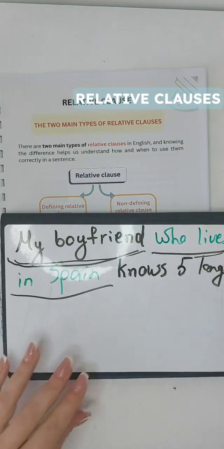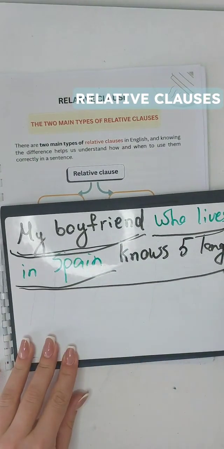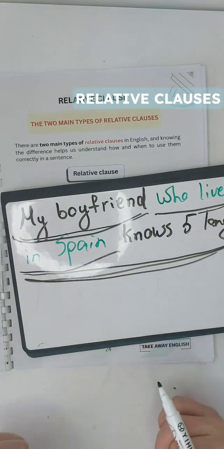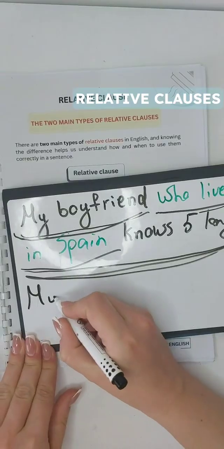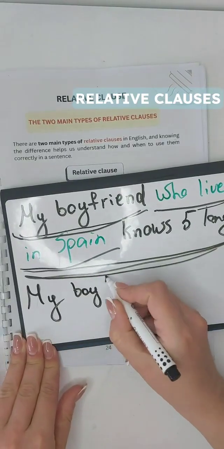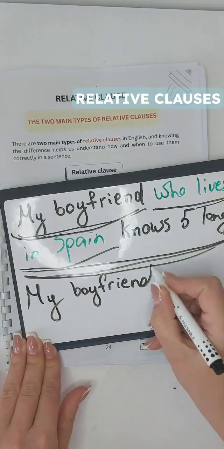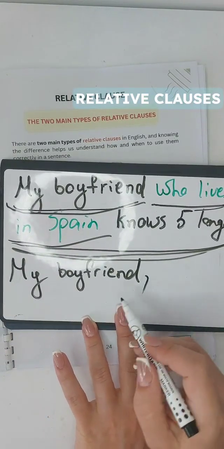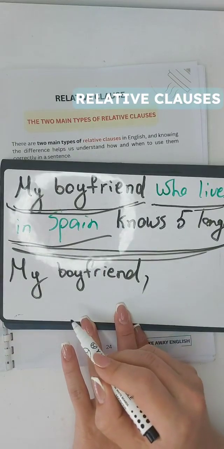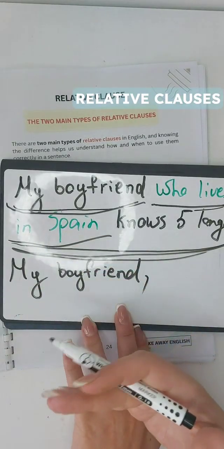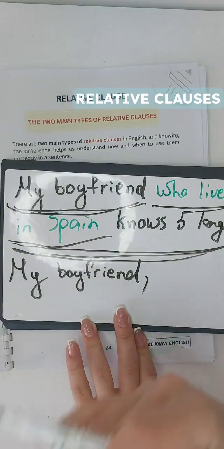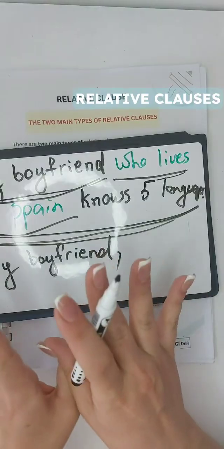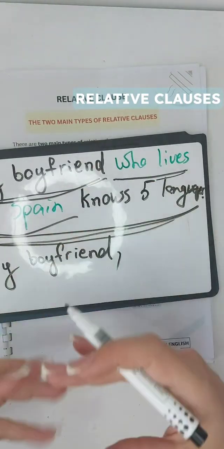So this sentence we should write with a non-defining relative clause and say, my boyfriend, and add commas. If we add commas, it means we are not identifying the boyfriend. We just want to show off maybe, or just provide extra information about our boyfriend, but it's optional.